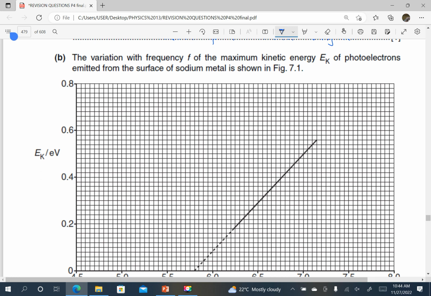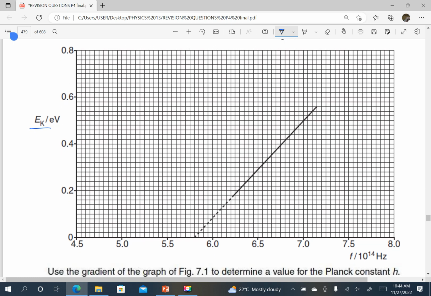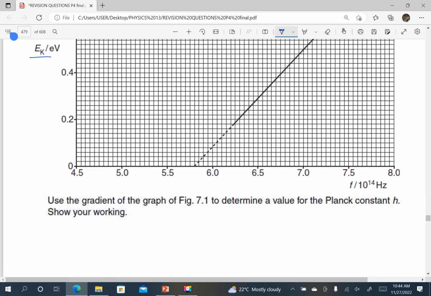The variation with the frequency f of the maximum kinetic energy Ek of electrons emitted from the surface of sodium metal is shown here. So we have Ek against frequency. The graph is always a straight line with an x-intercept. Use the gradient of the graph to determine a value for Planck's constant.